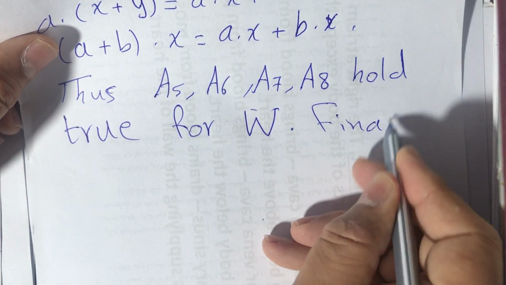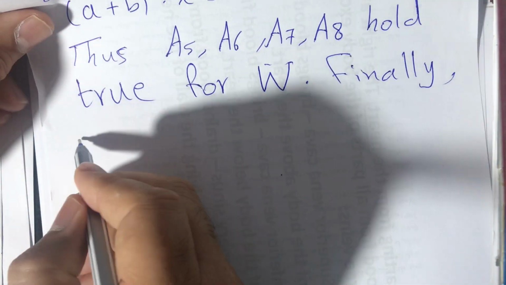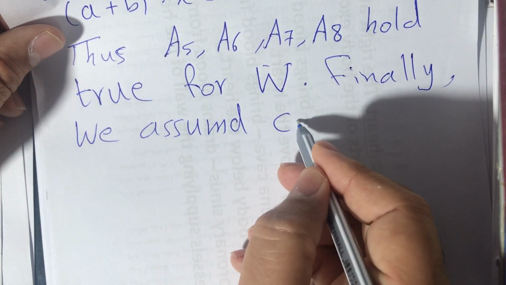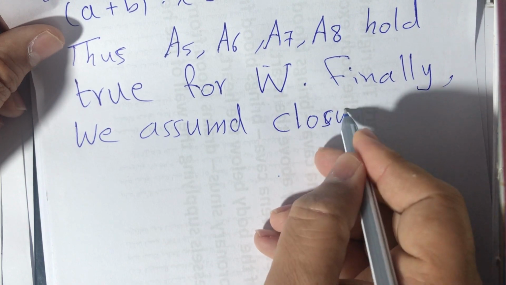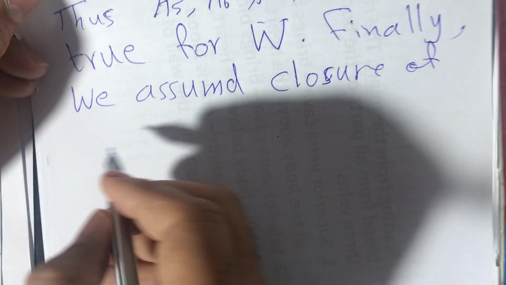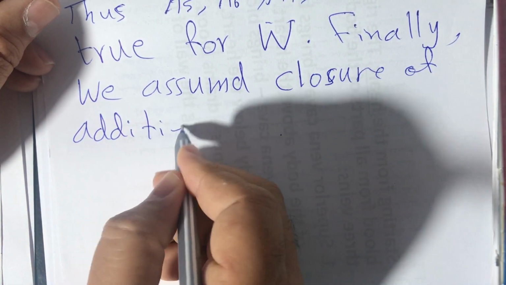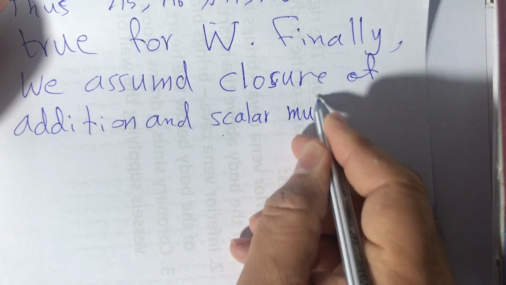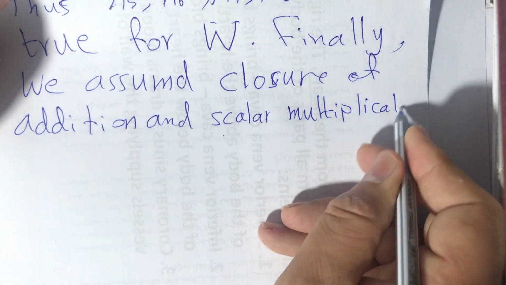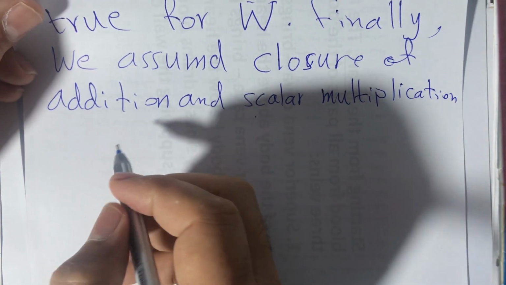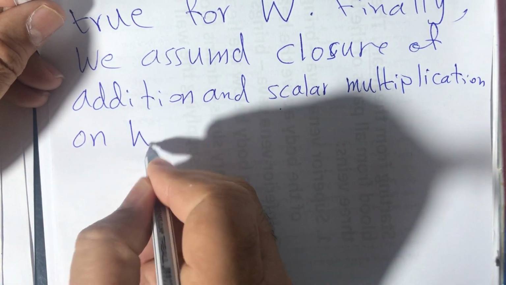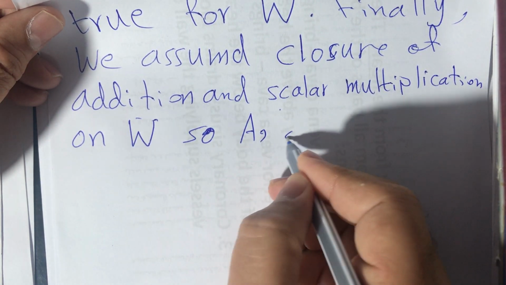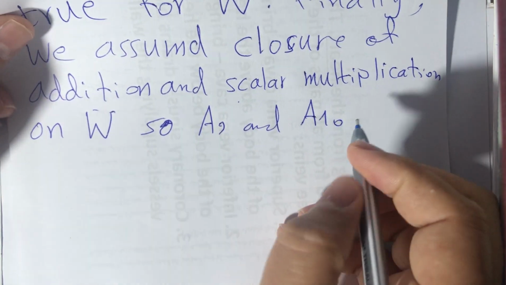Finally, we assumed closure of addition and scalar multiplication on W. So A9 and A10 are satisfied.